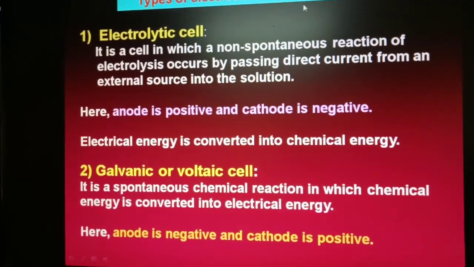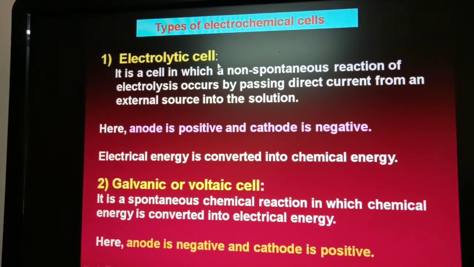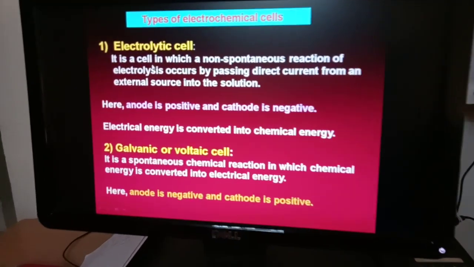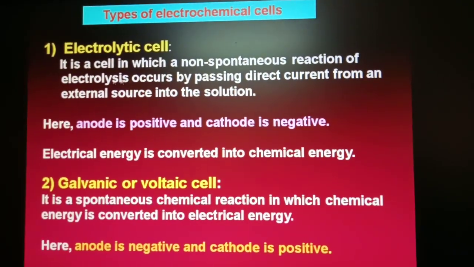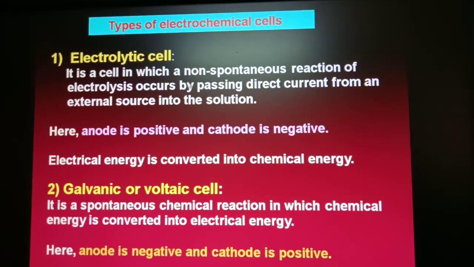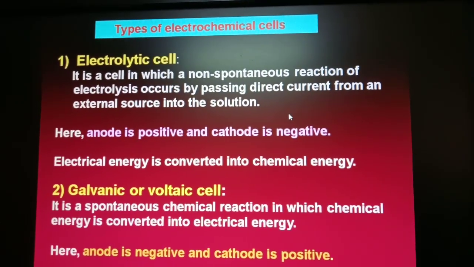Now the types of electrochemical cells. The first one is the electrolytic cell. Define electrolytic cell. Such a question can be asked in the board exam for 1 mark. The definition is as follows. It is a cell in which a non-spontaneous reaction of electrolysis occurs by passing direct current from an external source into the solution.